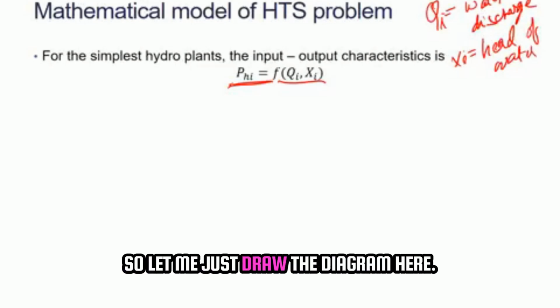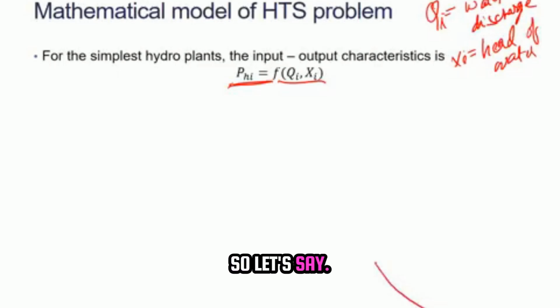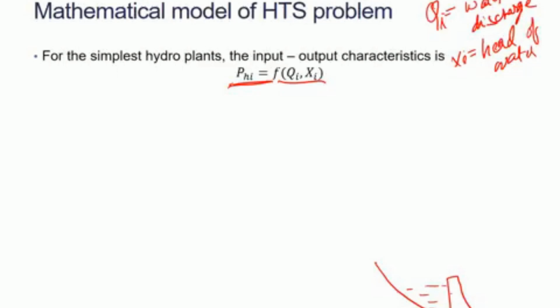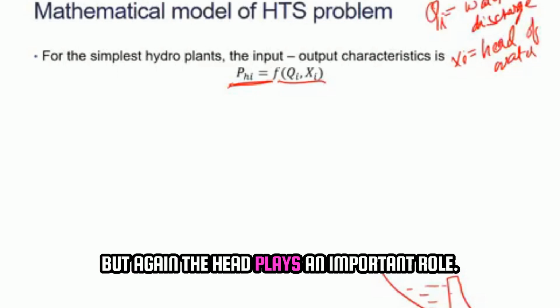Let me just draw the diagram here. Let's say this is the dam and you have water here. Water discharge is basically at what rate you discharge. Obviously the rate will decide the power generation. But again, the head plays an important role.